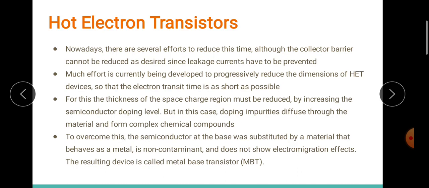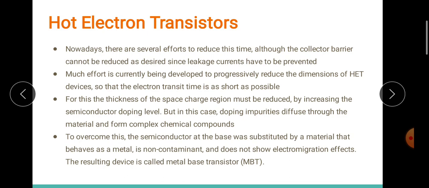What must be your condition? Let's substitute the semiconductor at the base by some material which behaves as a metal, because that is non-contaminant and does not show unnecessary electromigration effects. This suggestion was considered.